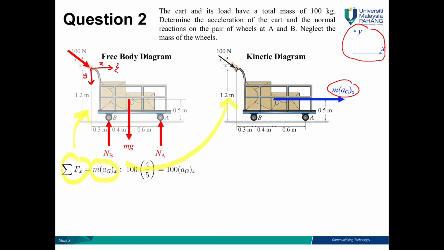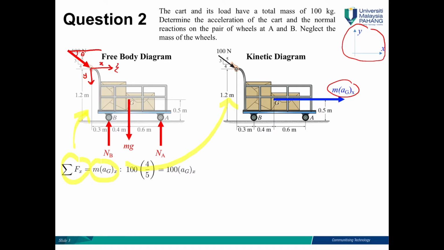This is a sine of the angle, if you make this as an angle theta. All right. So to get the x-axis is the force 100 Newton. Sorry, it's not sine, it's cos of the theta. So you can get this by dividing the 4 over 5, right?